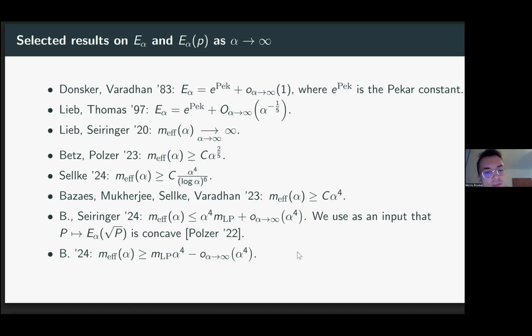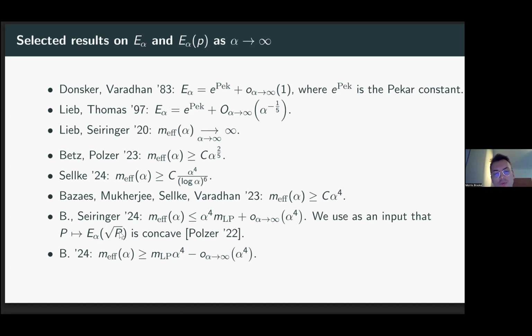One thing I should have mentioned is that in this upper bound I've shown you, this work together with Robert, it is absolutely crucial that we use as an input a statement which has been proven by Stefan Polzer, which tells us that the ground state energy as a function of the square root of p is a concave function.